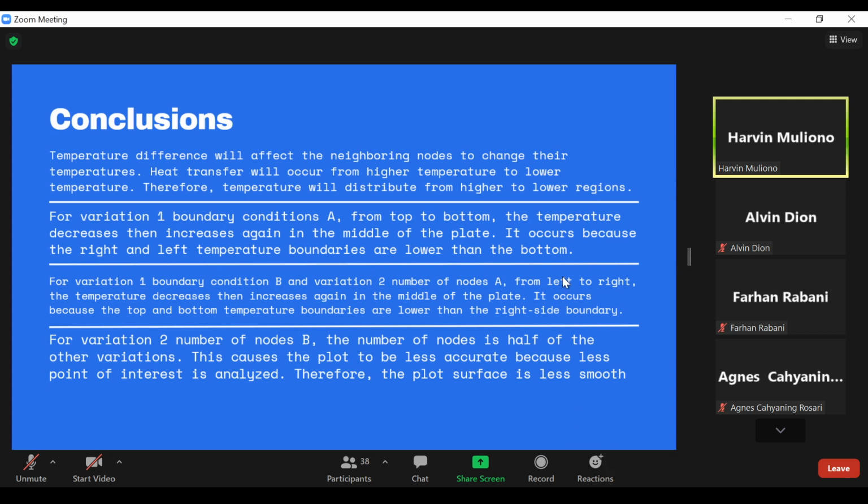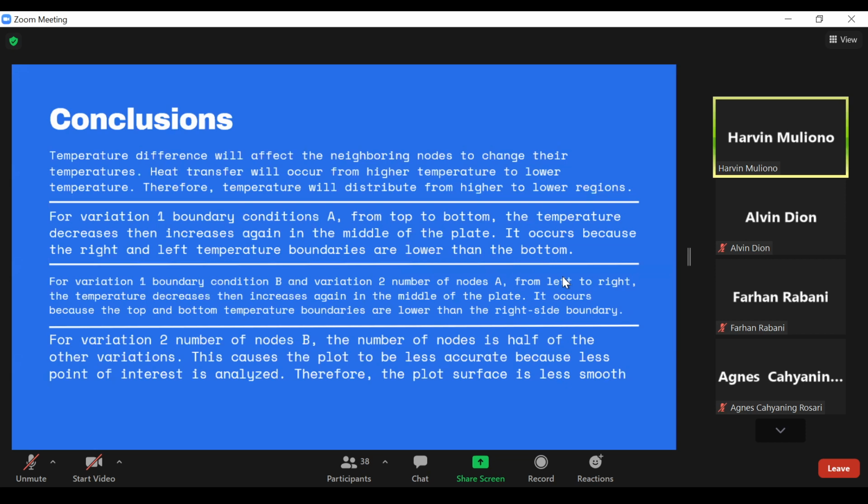And for variation 2, boundary condition B, as we can see before, from top to bottom the temperature increases, then decreases. From the bottom to the top, the temperature decreases, then increases again in the middle of the plate.